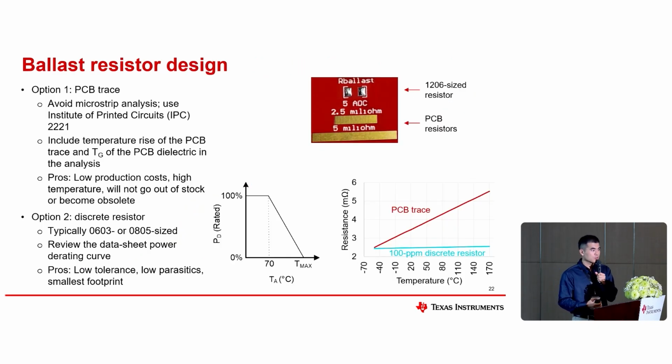We can use two methods for the ballast resistor. One is the PCB copper, and another is a resistor. For the PCB copper, if we follow IPC 2221, we can easily get the value here. Compared to a discrete resistor, the package will be bigger, but you don't need to add extra cost for a discrete resistor.